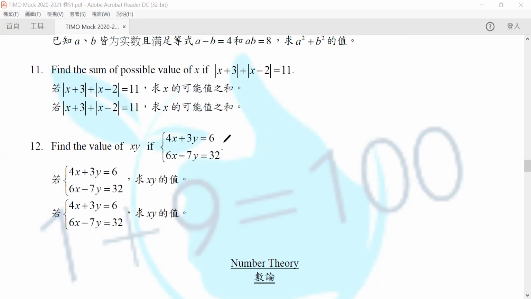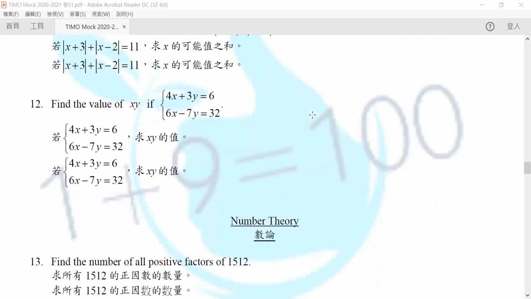Okay, so find the values for this equation. Now we will do question 12 by using substitution. Now we know that by noticing x, one is 4x, the other is 6x. So there are common factors, right? We can expand it into our least common multiple.